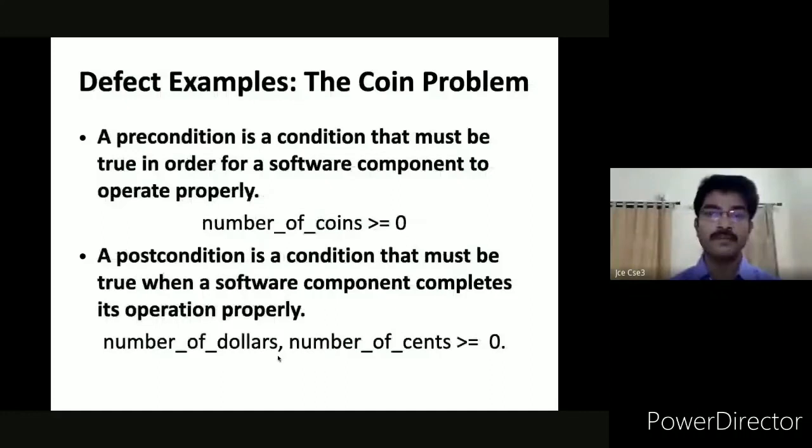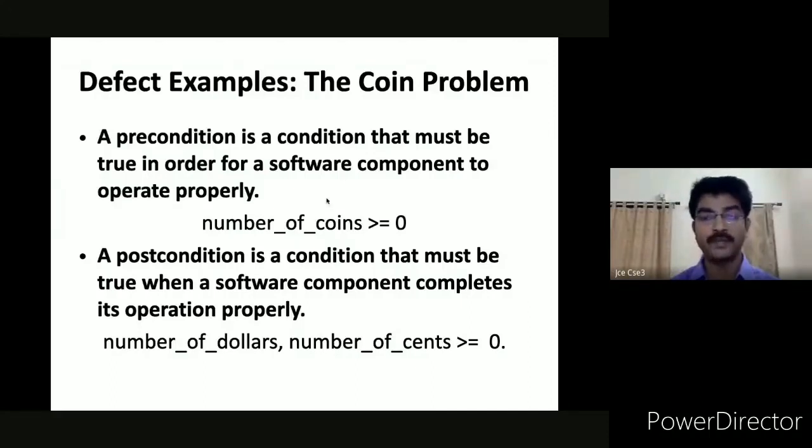I can give an example, the coin problem defects. So this is an initialization. There are three variables we are going to use in the coin problem: number of coins, number of dollars, and number of cents. The number of coins has a precondition. A precondition is a condition that must be true in order for a software component to operate properly.